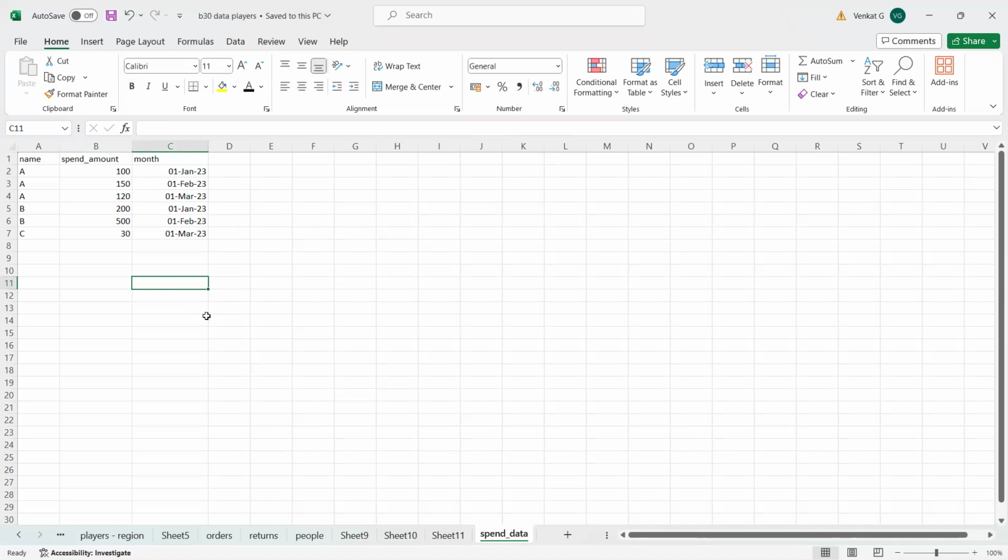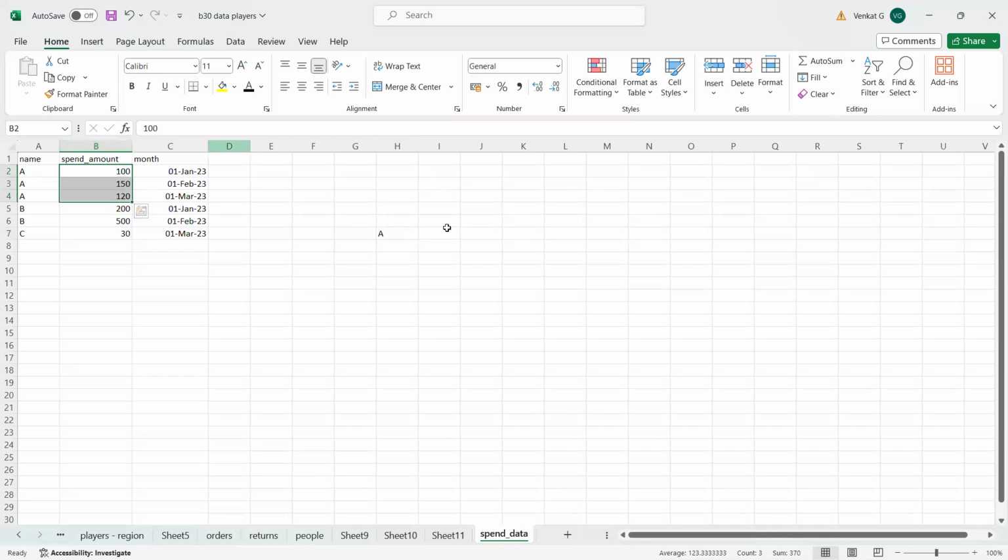Okay. And you already know this is row level data. Now if I ask you a question: person A, how much money has he spent totally, not month wise? I can go to this row level data. Person A exists in three rows, 100 plus 150 plus 120, which sums up to 370.